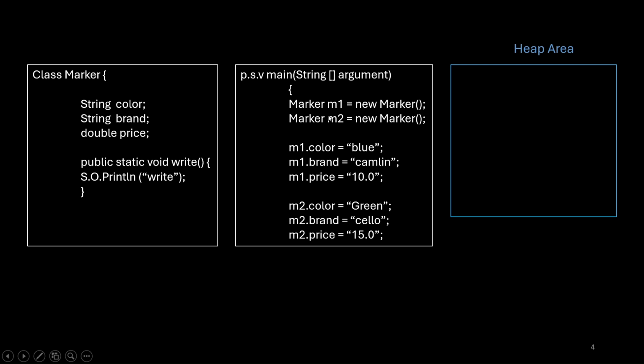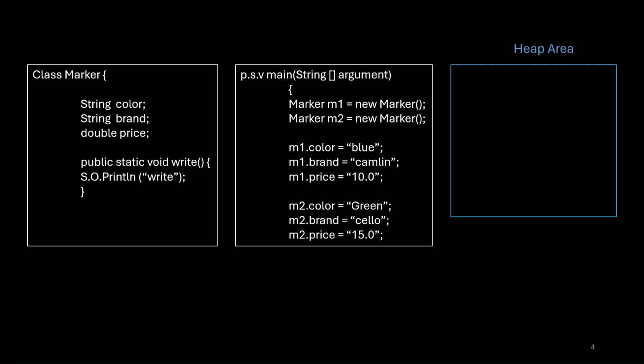Also we have a second object, the same as m1, called m2. You can create multiple objects using the same class. Marker m2 is equal to new Marker. People get confused here: in our class we don't have a constructor, so how are you using it? Because the compiler adds the constructor by default.